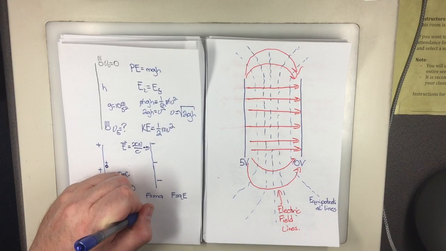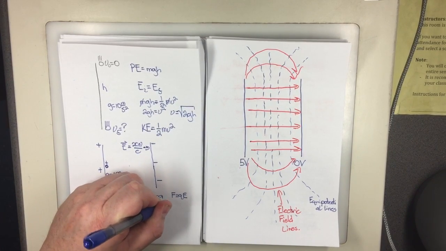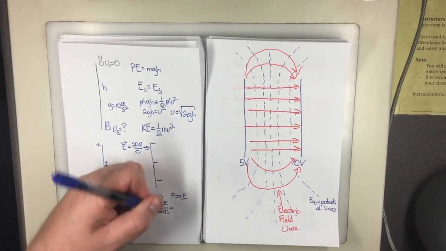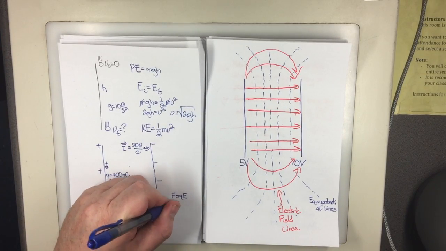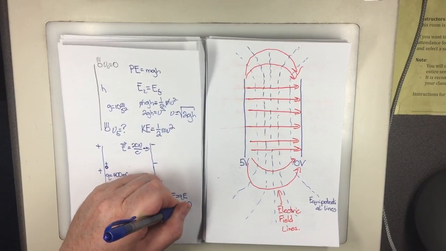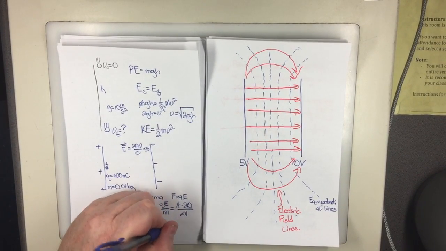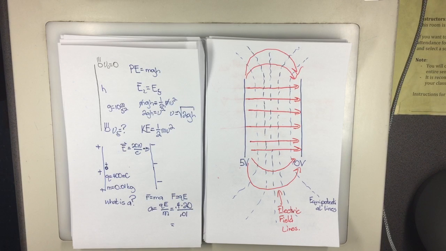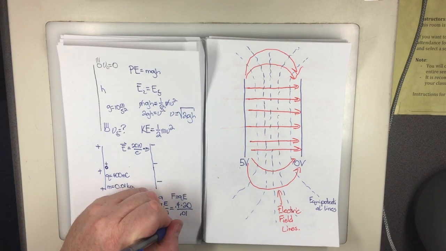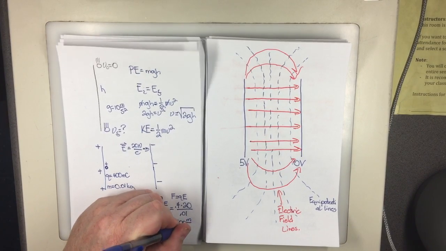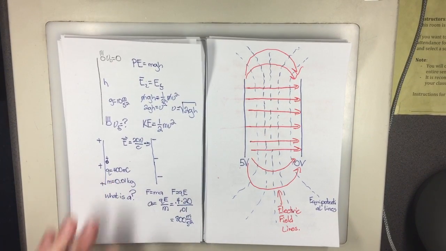So we can get that a is equal to QE over m, which is 0.4 times 20 over 0.01. And we're going to have an acceleration that is 800 meters per second squared. So the acceleration is really, really quick.